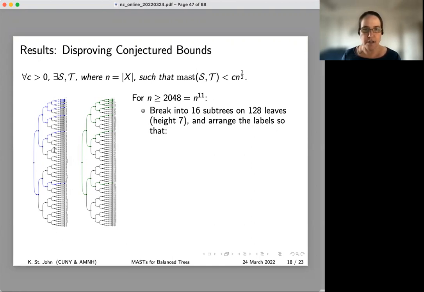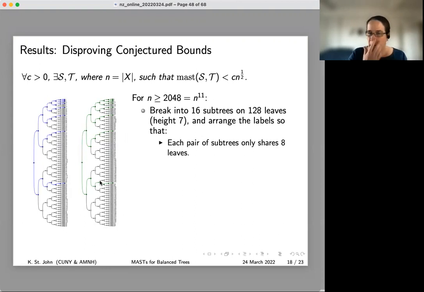So here they are. There's one on 128, here's another, and we're going to arrange our labels so that each pair of subtrees only share 8 leaves. So I've taken my huge tree, split it into 16 subtrees, and each one only overlaps with any other choice in my other tree in 8 leaves.